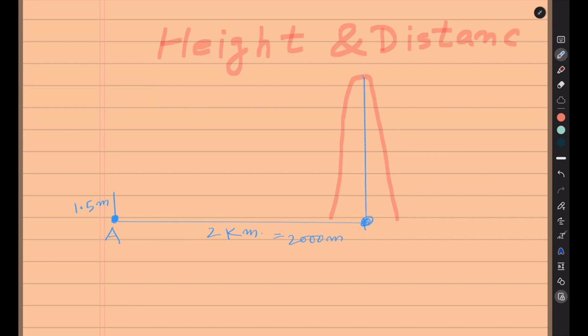And at the top of the tower you make some angle, that is called the line of sight.